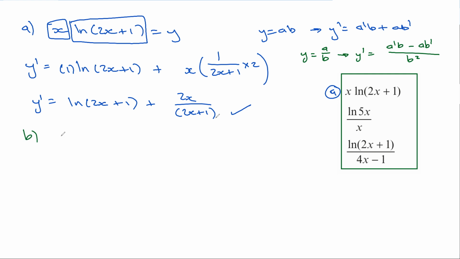So for b, what we have is y is equal to ln 5x over x.